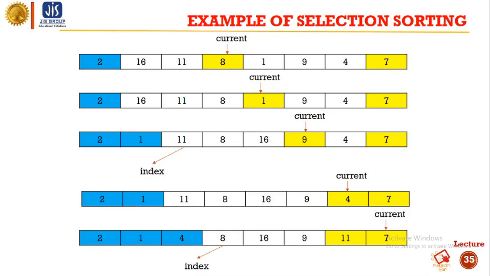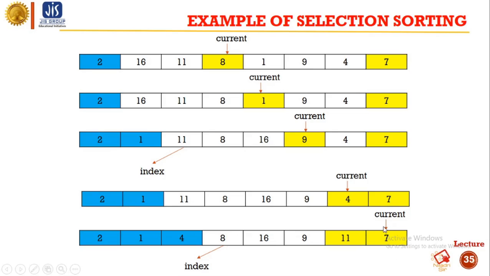Now there is a twist. Now the pivot element is the current element. When the pivot element is the current element, we will swap the pivot element with the index element. So the 7 and 8 positions will be swapped. Why was it swapped?